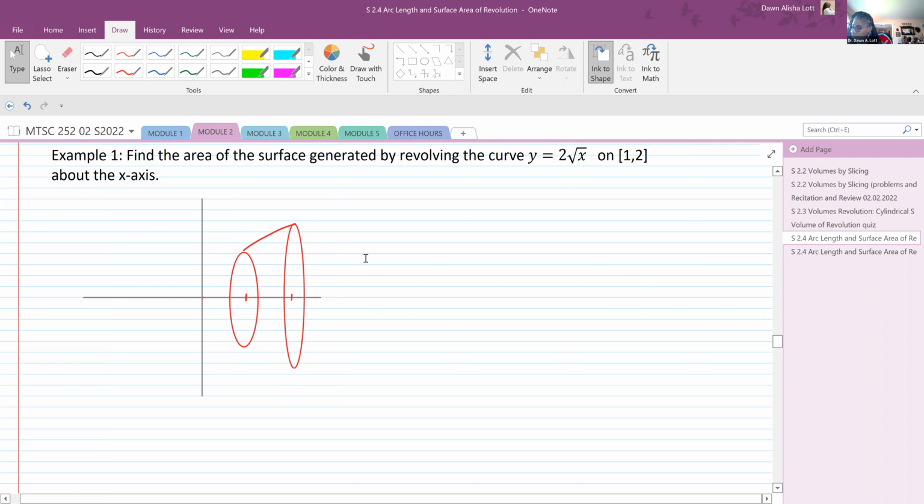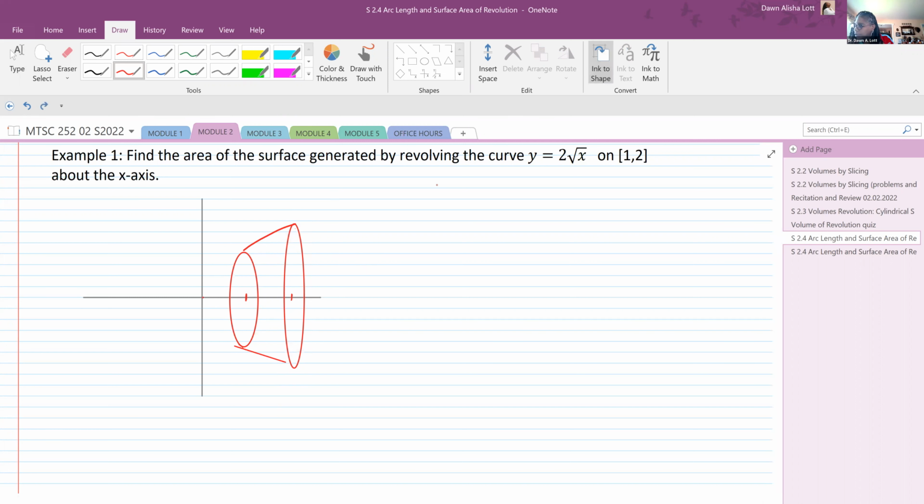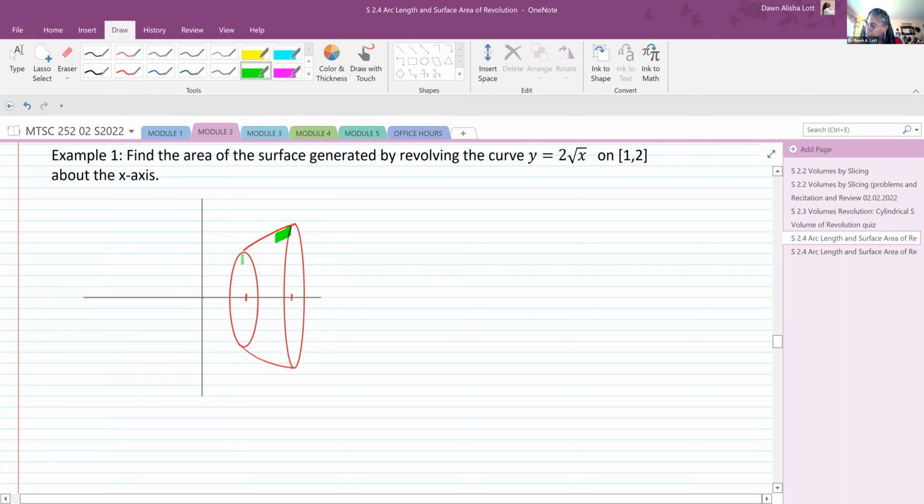And so as you can see, here's the line that was rotated. Okay, so the line is right there. So as you can see, here's the surface on the outside. So this is the surface.